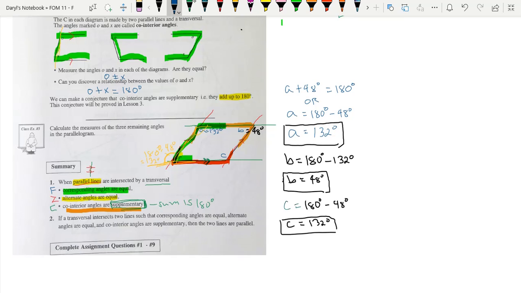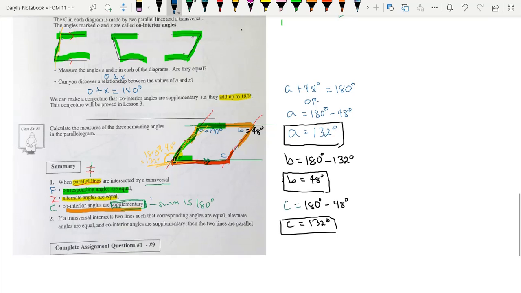And if a transversal intersects two lines such that corresponding angles are equal, alternate angles are equal, and co-interior angles are supplementary, then the two lines are parallel. So if the first statement tells you that you have two parallel lines, so given two parallel lines and one transversal, the following hold: corresponding angles are equal, alternate angles are equal, and co-interior angles are supplementary.